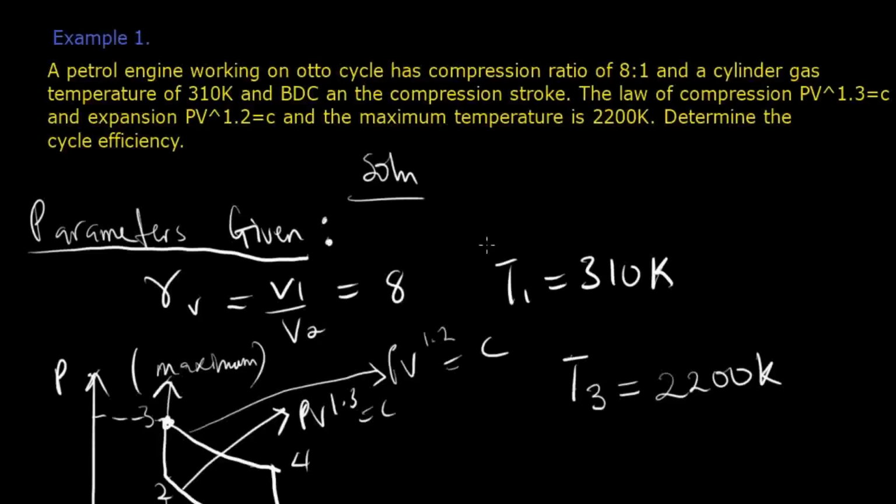Because the compression and expansion index were not the same. So let's take an example of when we have same compression and expansion index. So straight to the top, we'll go over to the next example.